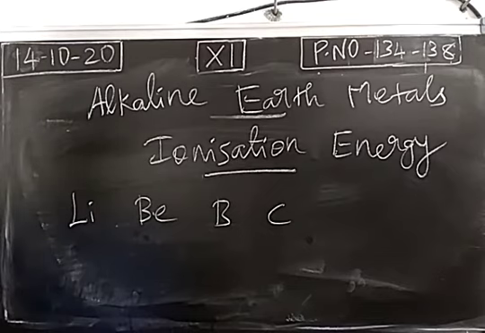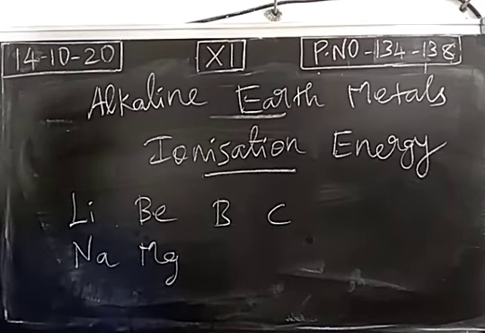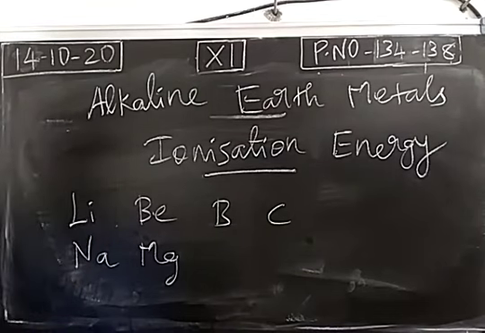We have to remember it. Comparing lithium, beryllium has more ionization energy. Comparing sodium, magnesium has more ionization energy because size decreases. But top to bottom, as usual, ionization energy decreases. So size increases from top to bottom. Comparing beryllium, magnesium has larger atomic size, so easily we can remove the electron.